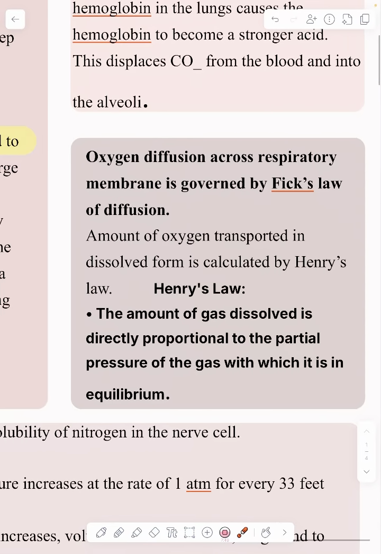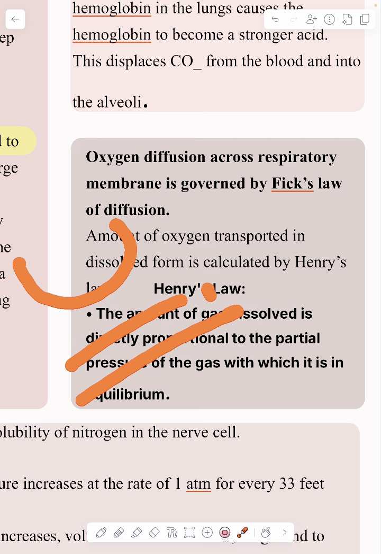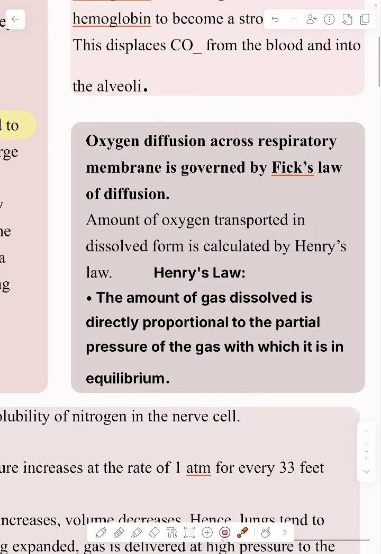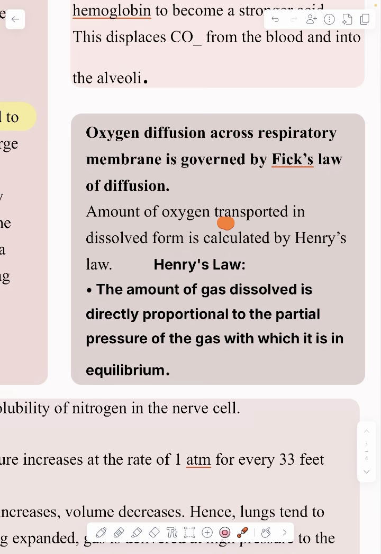The oxygen diffusion across the respiratory membrane, this is the blood vessel, this is the alveolar membrane. The diffusion across the respiratory membrane is governed by Fick's law of diffusion. Amount of oxygen transported, here we are quantifying it.